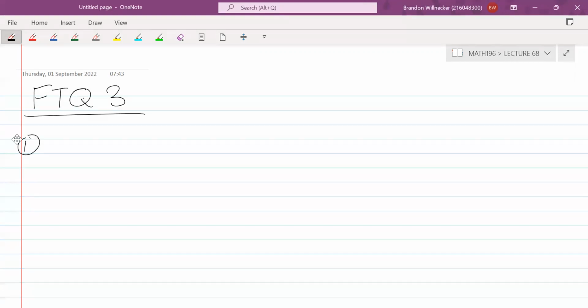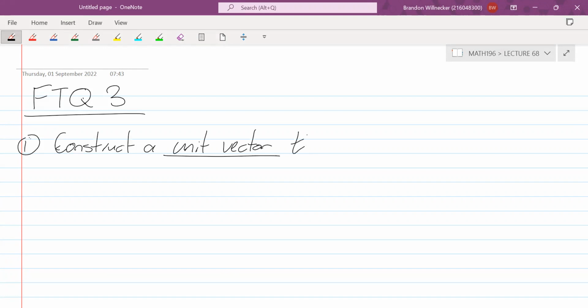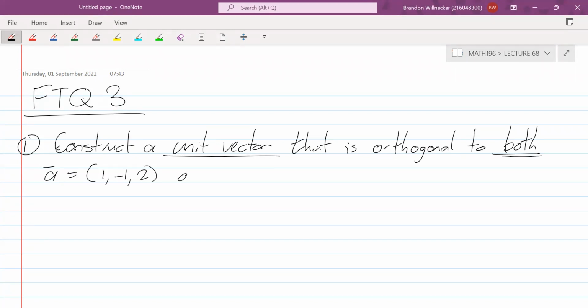Question 1 was asking to construct a unit vector that is orthogonal to both the vector A, given by 1, -1, 2, and vector B, given by 1, 2, 3.